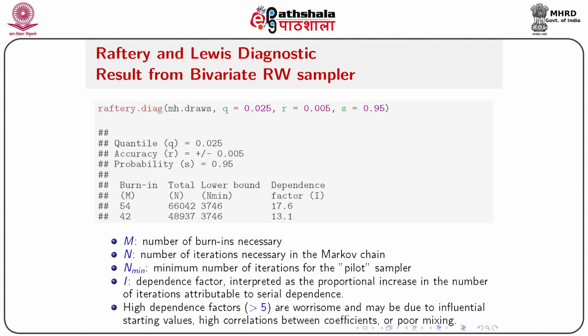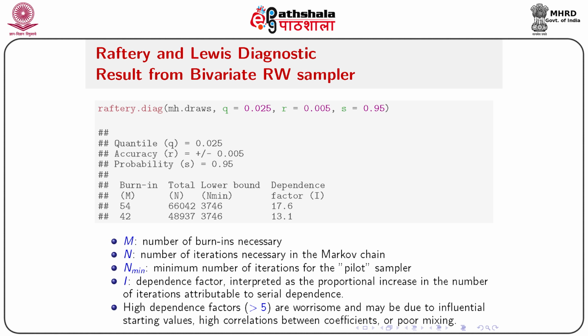The quantile is 0.025, the accuracy is plus or minus 0.005, and the probability is 0.95. Then here are the required N, the lower bound minimum N, and the dependence factor, which is 20.4.